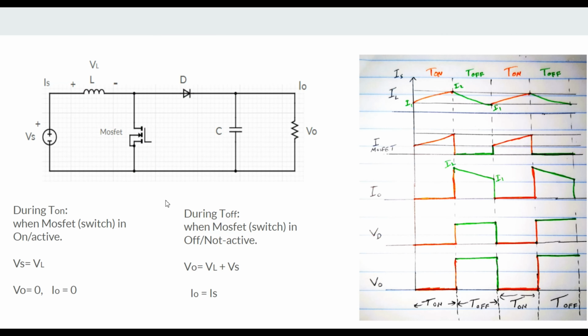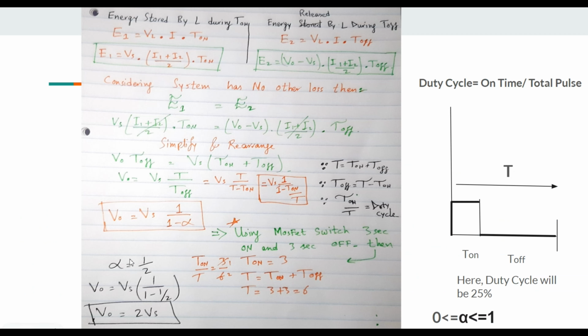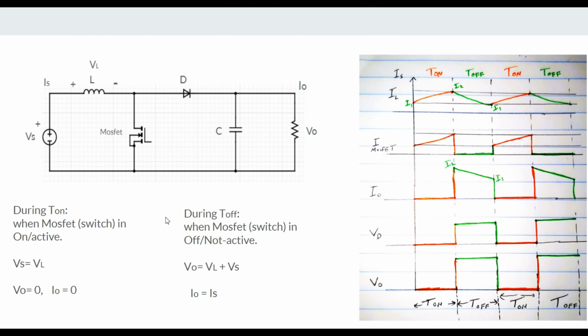It means that if you turn on this gate or MOSFET switch for 3 seconds and turn off for 3 seconds, then the output will be 2 times the source voltage. Obviously, you can also change it, and the alpha value will always remain less than 1 and more than 0. This is the thing you have to understand.